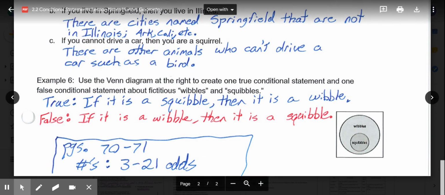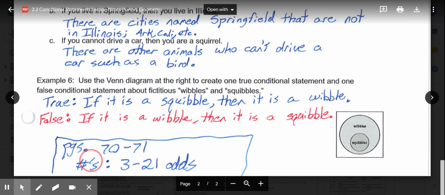So our true statement would be, our small circle is squibbles, our large circle is wibbles. So if it is a squibble, then it is a wibble. Every squibble is also a wibble is true. Our false statement, if it is a wibble, then it is a squibble, because there are wibbles out here that are not also squibbles.